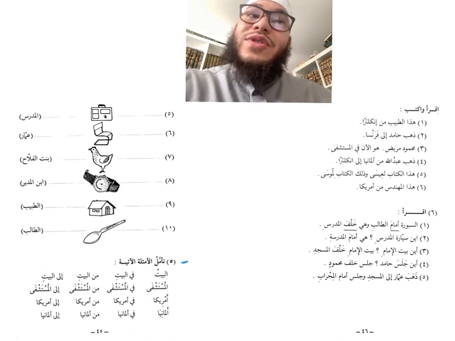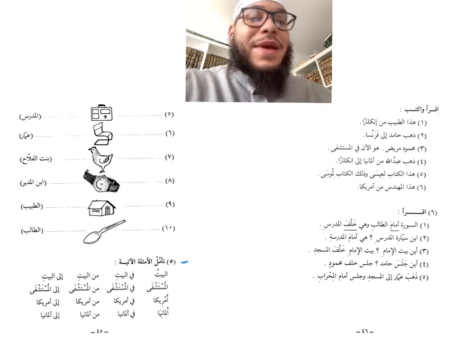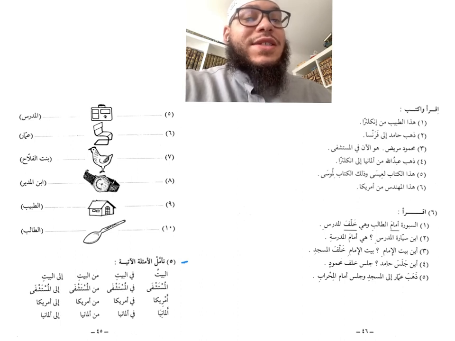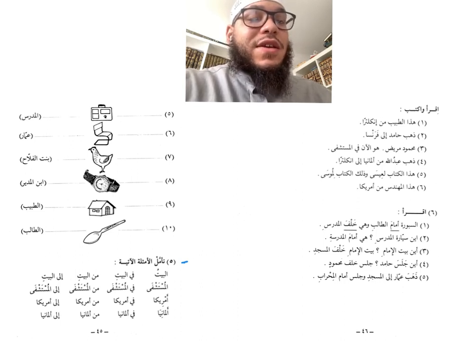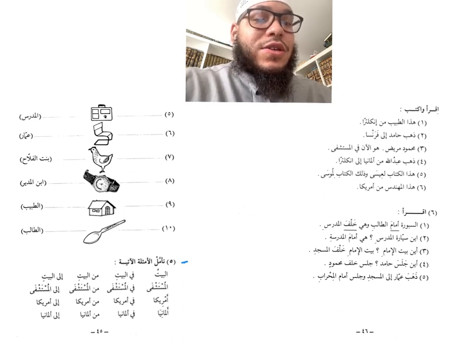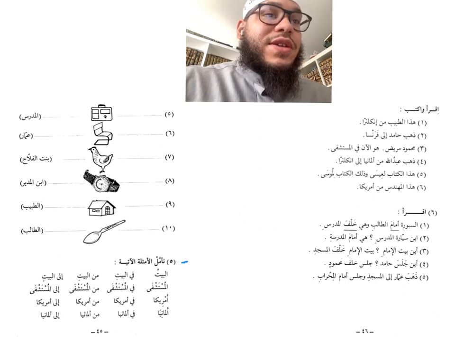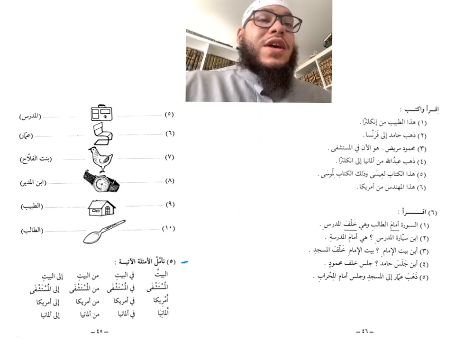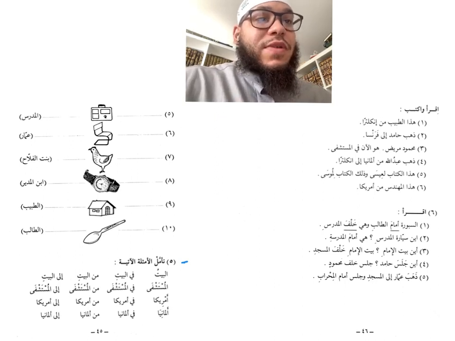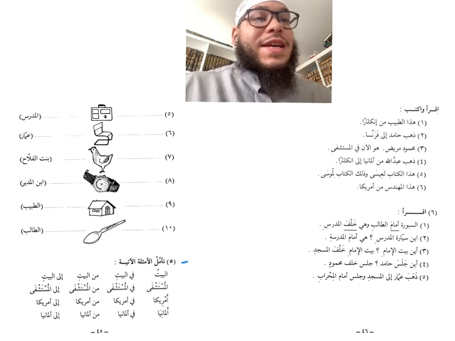Lesson 4, harful jar, a preposition. Fil bayti. The house, inside the house. Min al-bayti, from the house. Ila al-bayti, to the house. This is not a sentence, this is a noun phrase, a prepositional phrase, showing you the difference that occurs when I add these prepositions before the noun. It makes the noun take kasra.